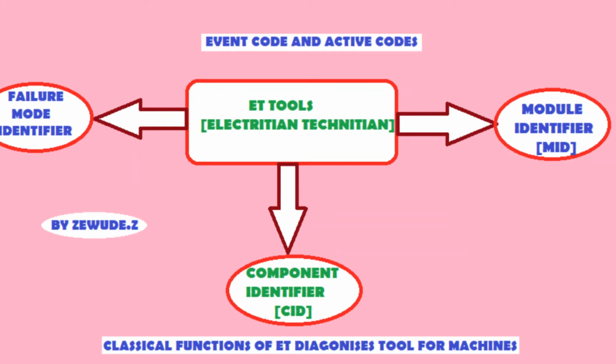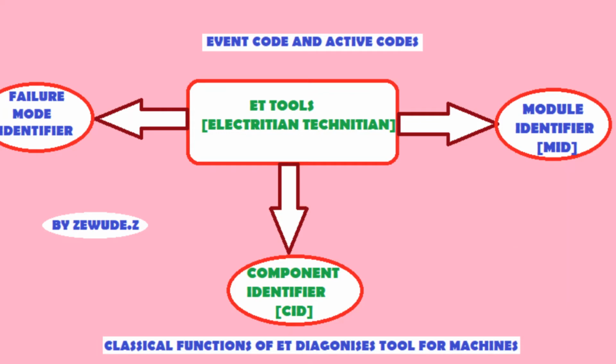So if a problem is faced in the injection pump, which part is going to be exposed to the fault? That is failure mode identification, which makes it possible to identify the problem that has been detected within a circuit or within a system.